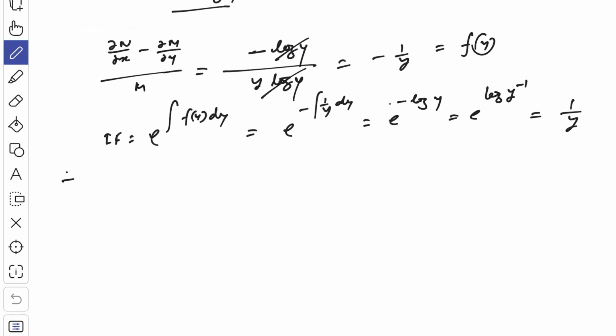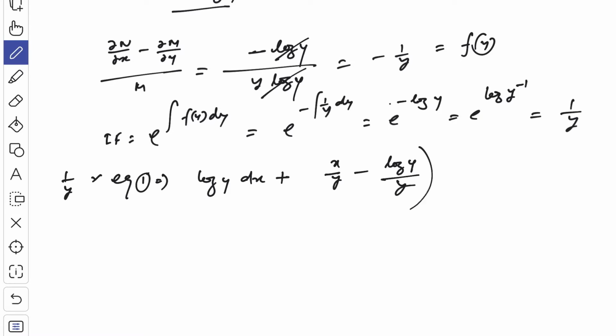So multiplying 1 by y with equation number 1, so we get log y dx plus x by y minus log y by y dy is equal to 0. That's what we have got.